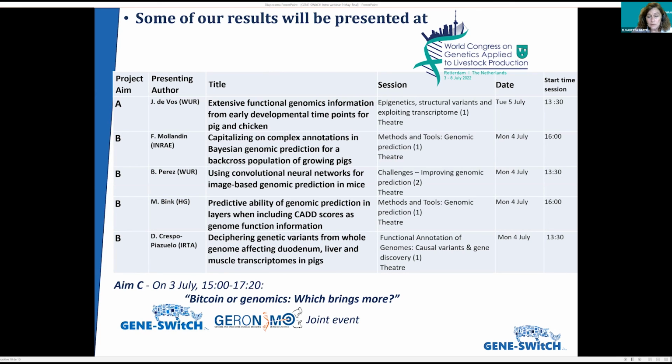There will be 4 presentations for aim B that you see listed here, and you will hear more today as well. And I wanted also to remind that under aim C, on the 3rd of July, in Rotterdam, there will be a nice event that is a joint event of GENE-SWitCH with Geronimo that is also focused on chicken and pigs genomics.